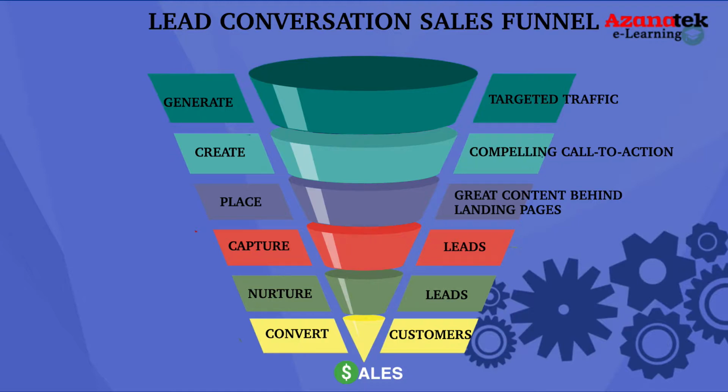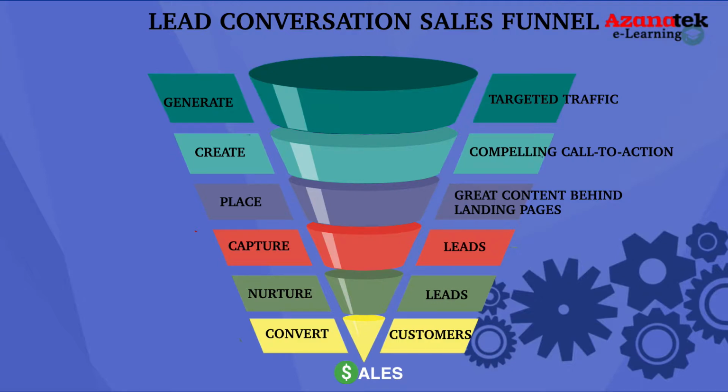Here, as you see in this diagram, the lead conversion sales funnel, a prospect comes into that, which is targeted traffic based upon our marketing campaigns. We create a compelling call to action by placing great content on our landing page. We then capture that prospect information, and now that prospect becomes a lead.